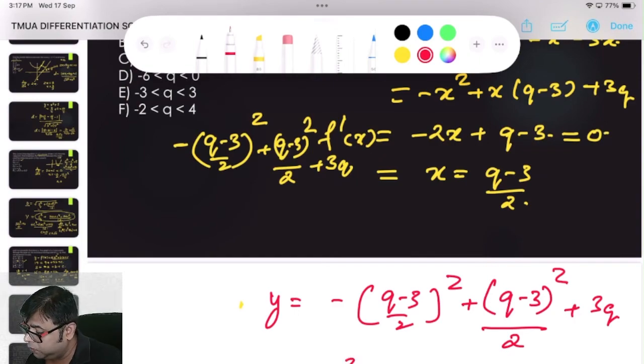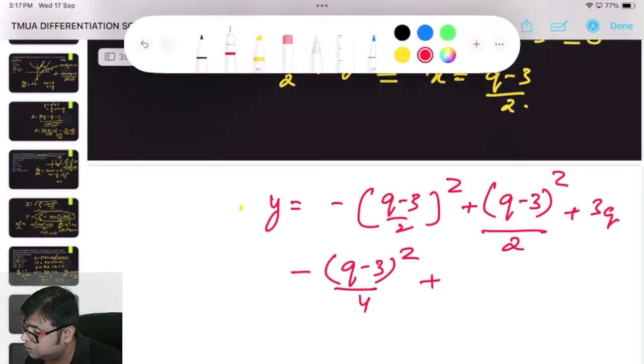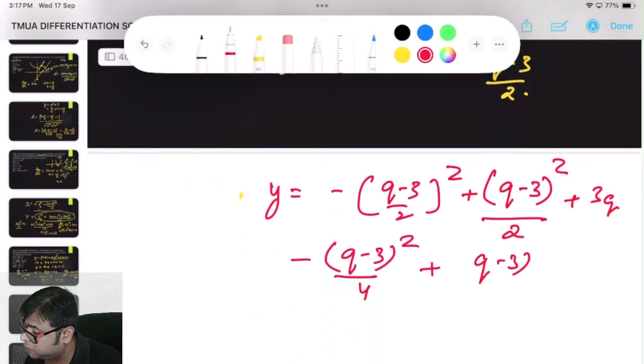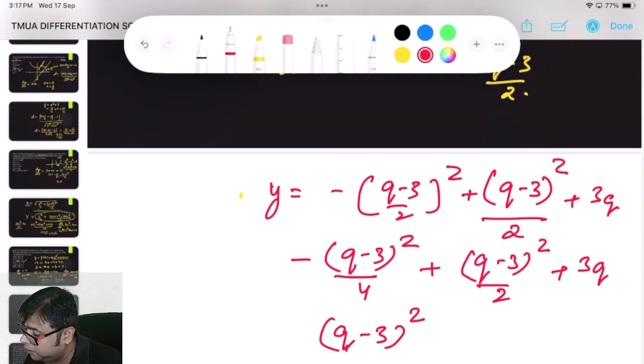So it will be (q minus 3) whole square by 4 plus (q minus 3) whole square by 2 plus 3q. If I take LCM, it becomes (q minus 3) whole square, because 2 minus 1 will become this only, plus 3 into 4, so 12q by 4.